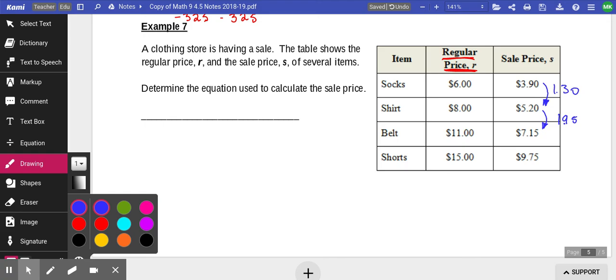If you go from 715 to 975, that's $2.60. None of those things really appear to follow a pattern. Fair to say? I don't see much of a pattern there. They just kind of seem like random numbers.